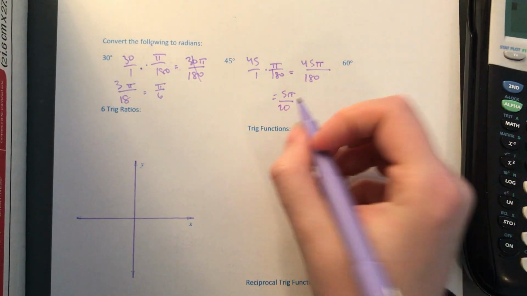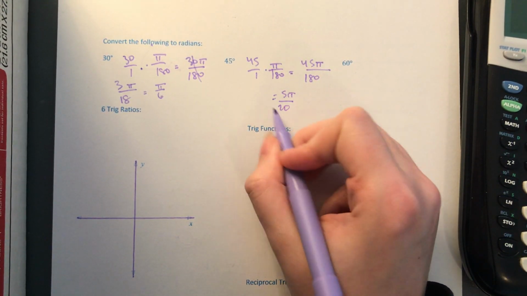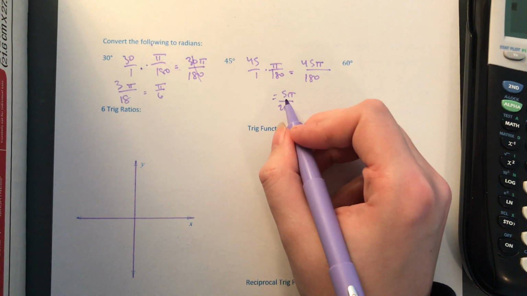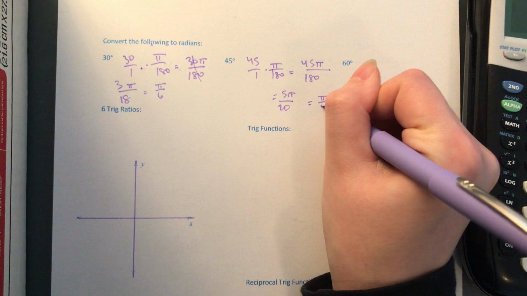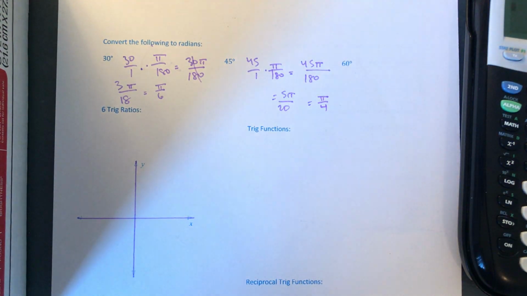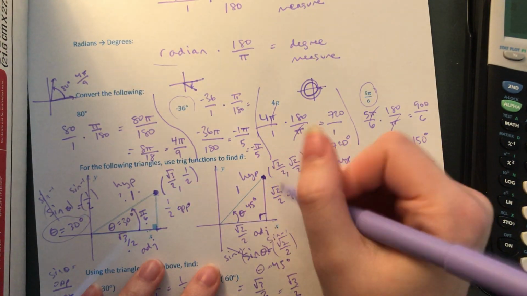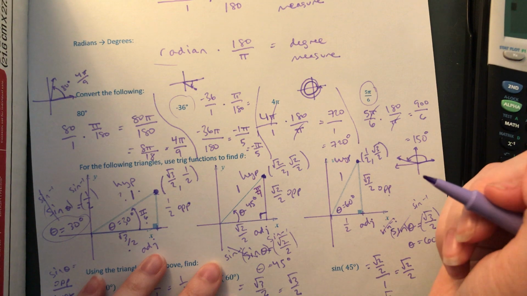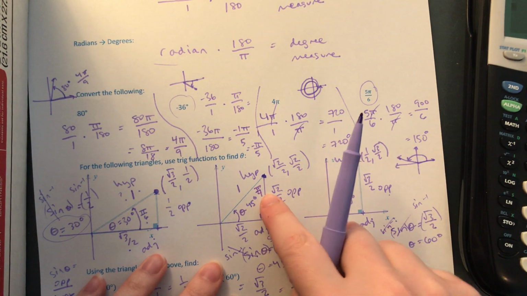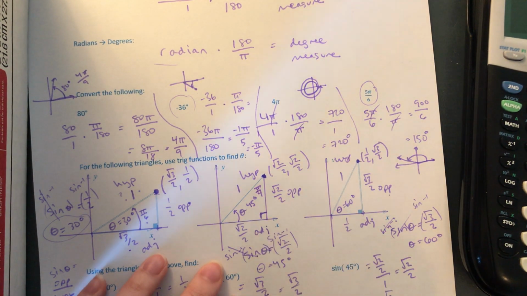Well, hopefully we can see that this is something that still can be reduced. Yeah, we can divide top and bottom by 5. So we get 1 pi over 4. So if you flip back over, 45 degrees, that's the same thing as pi over 4 radians. So 45 degrees or pi over 4 radian value.